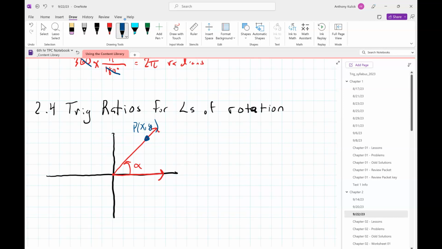Okay, so if I wanted to plot the point x, y, I would go over x and then up y. Everybody's okay with that? Look at what I've kind of made. Looks like that right triangle that we had before, right?